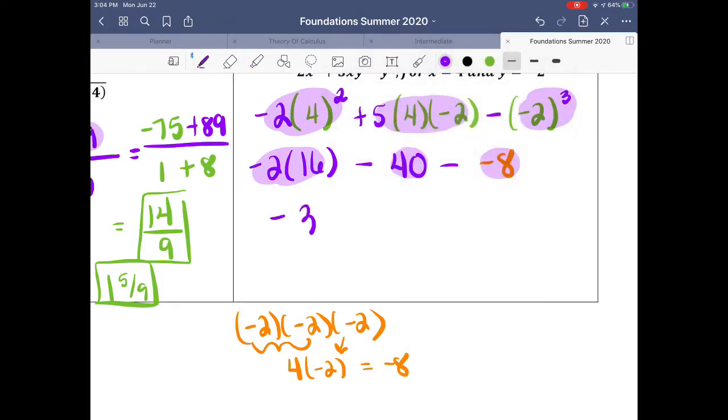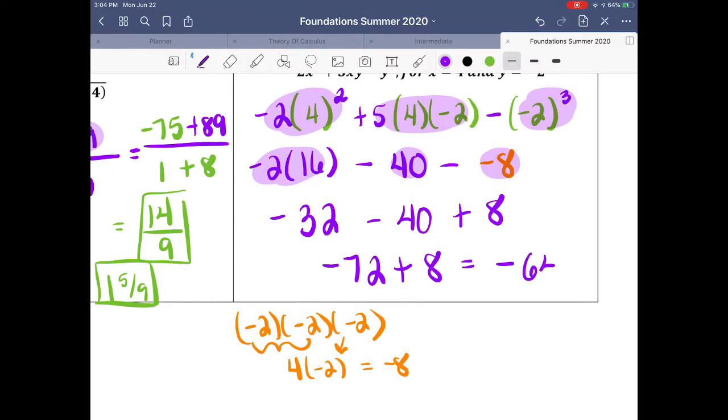I'm going to simplify further. Minus a negative becomes positive. And then we're just adding. -72 plus 8 is -64.